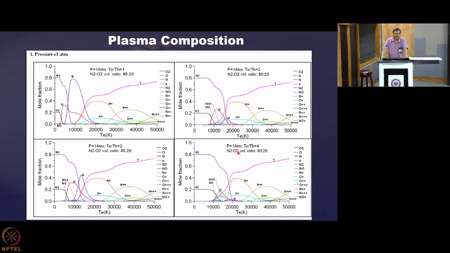So, for a N2O2 plasma 80-20 composition, you get the distribution of various species, like this is for N, this is for N plus, this is for O plus, this is N double plus, O double plus, and this one pink one is for electron.